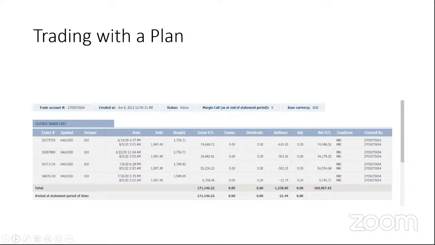When did I go in? Oh, excuse me. So some of those positions I'd taken from about the beginning of, I'd taken from May and had held them right through to August, where I closed it.